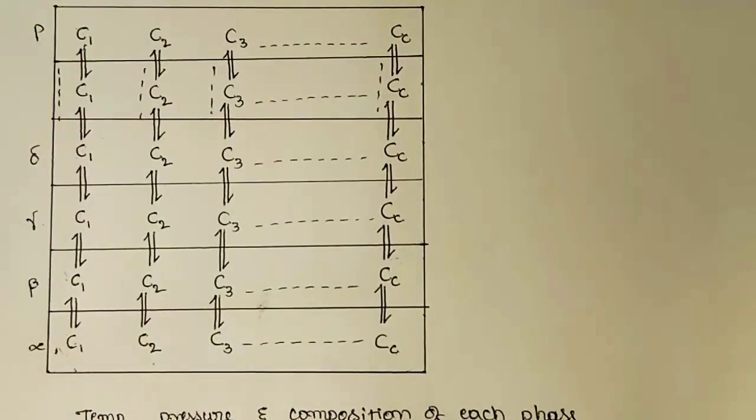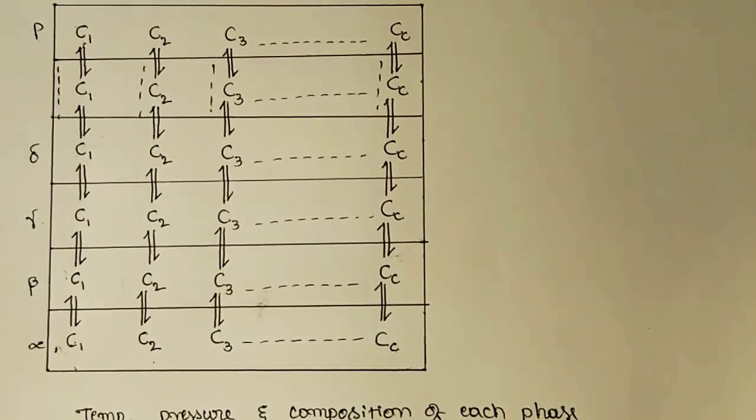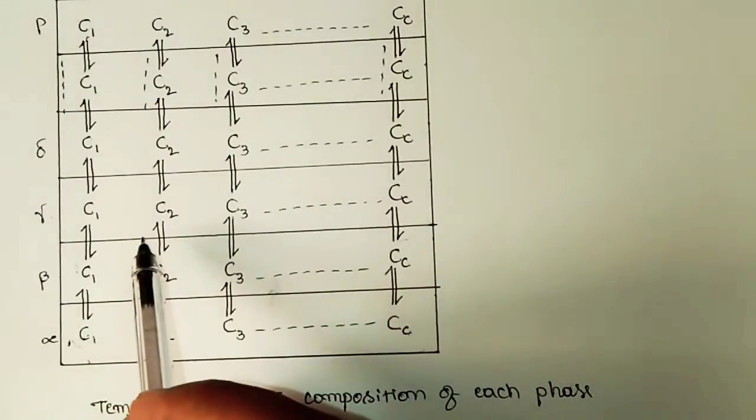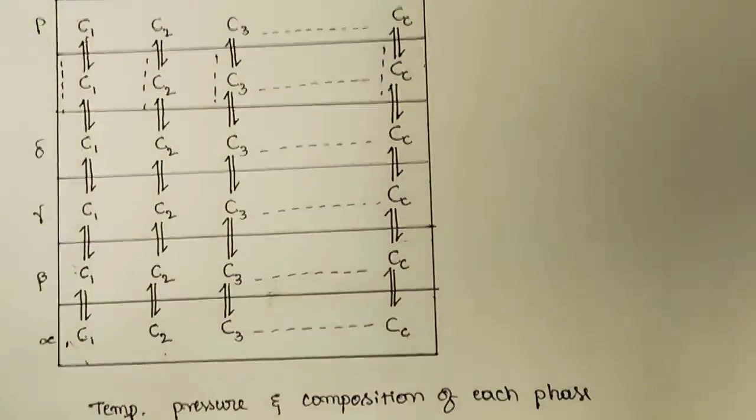So the chemical potential of the system is supposed to be mentioned since the components are present in the state of equilibrium.